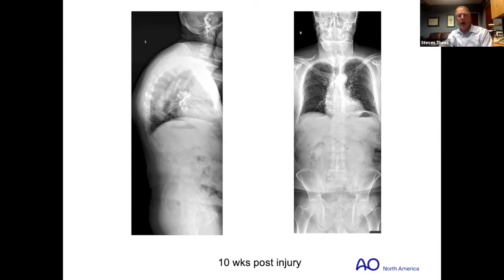And I know you have some data in your talk about cement augmented screws and fenestrated screws versus cement, and then screws and cement. So we'll let you get to that.